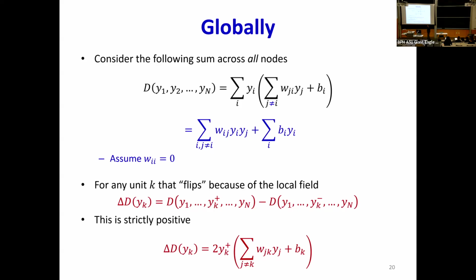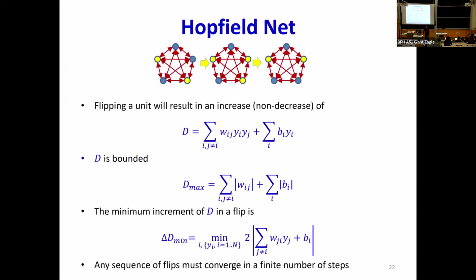If I just expand it out, it is the weighted sum of the products of all pairs of neurons plus whatever comes from the bias term. And every time a neuron flips, this is guaranteed to increase by twice the magnitude of the field at the neuron, right? So now let's look at this.